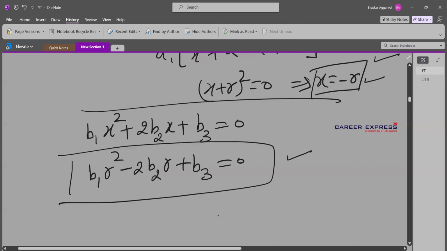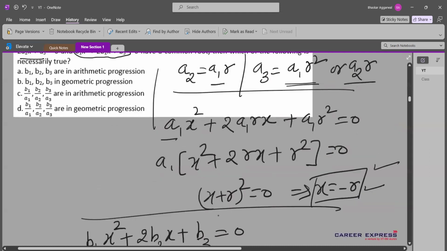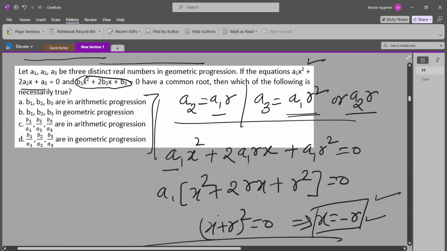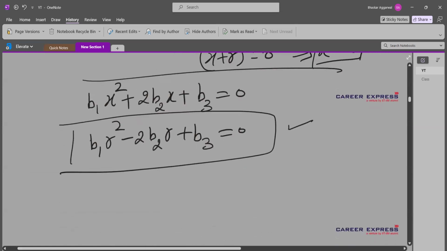Now, we have used everything that is given to us. From this information, we need to conclude one of these options. So can we say anything about b1, b2 and b3 from this? Since we don't know the value of r, we cannot remove r from this equation.